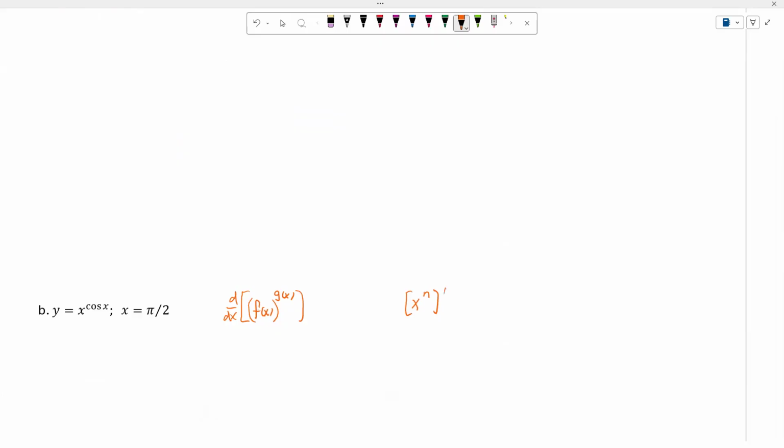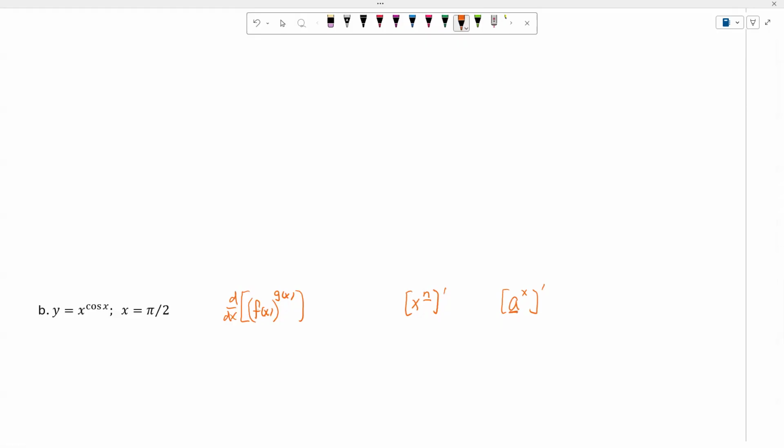So we know how to take care of this one. Another one is a number raised to the power of a function, like an exponential. But again, this is a number. So once we have a function raised to the power of a function, we have no rule to take care of this type of problem.